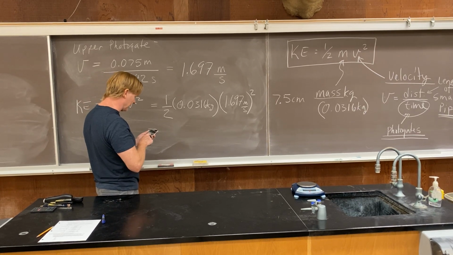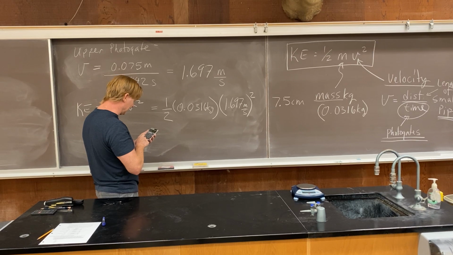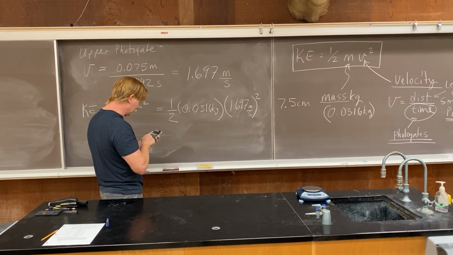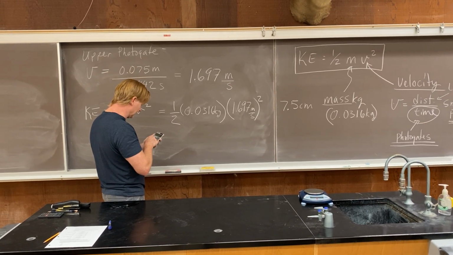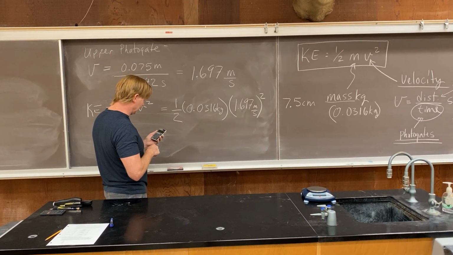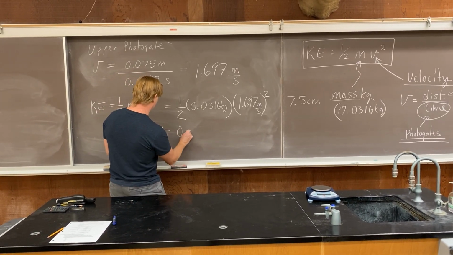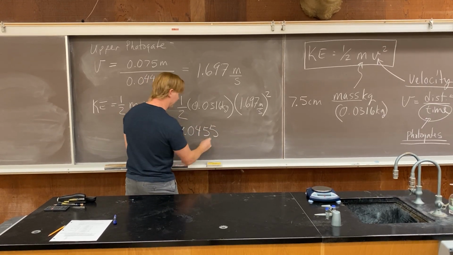Okay, and then I'm going to multiply that times 1.697 times 1.697, and it looks like I'm going to have 0.0455.